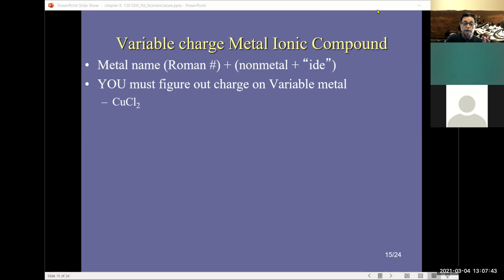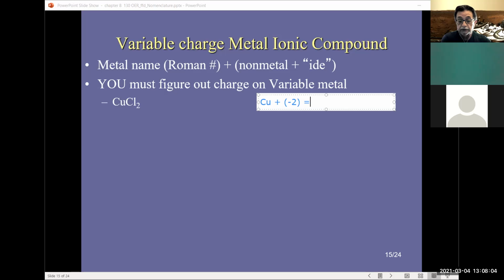What that tells me is, let me write this down here. You can follow along. We don't know what the oxidation number is on copper, so I leave it as is, but I do know that there are 2 chlorides and each one has a -1 charge, so it gives me a total of -2.